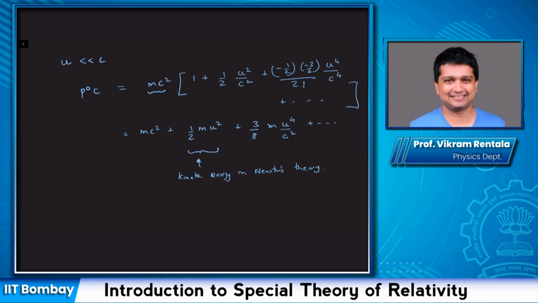And in the absence of external forces, or in the absence of a potential energy, the kinetic energy is the total energy of a particle. So a natural guess for what this quantity p0c is, is that this might be the right expression for what we should call the energy of the system.